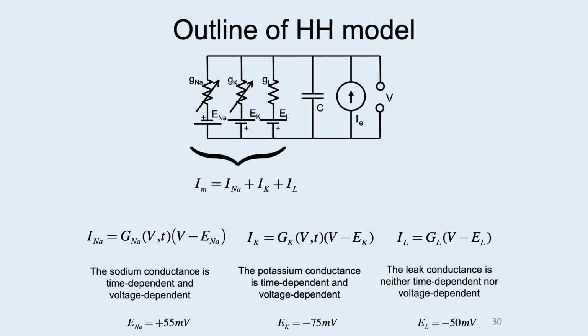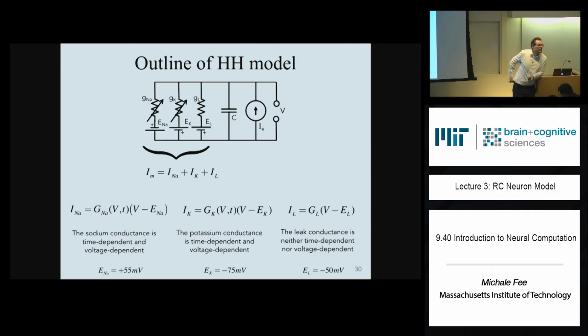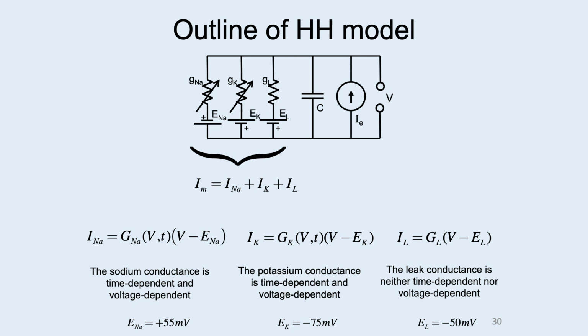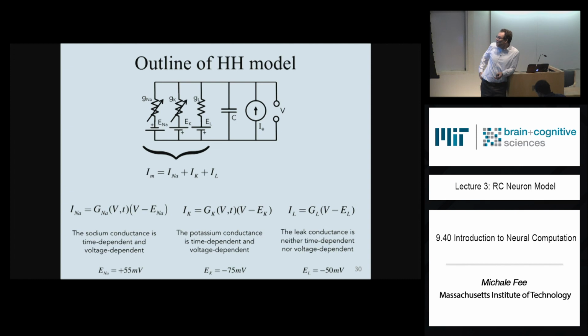In some neurons, it might be as low as minus 95, but it's always in that range. The sodium reversal potential is always plus 50-ish. It's highly consistent across mammals, and the numbers for squid are pretty close to that as well. I think these are the numbers for squid that come from Hodgkin and Huxley. Questions?